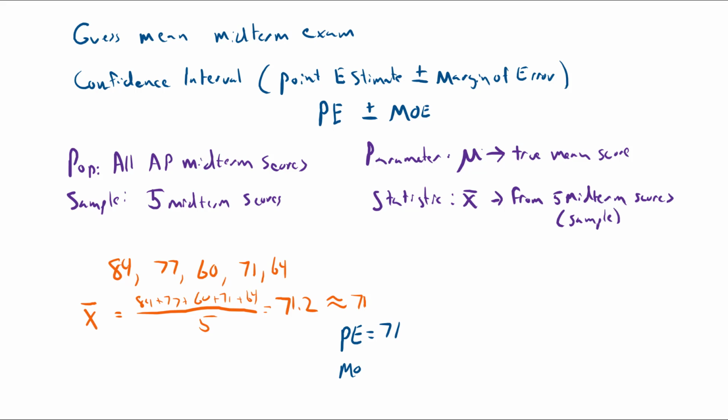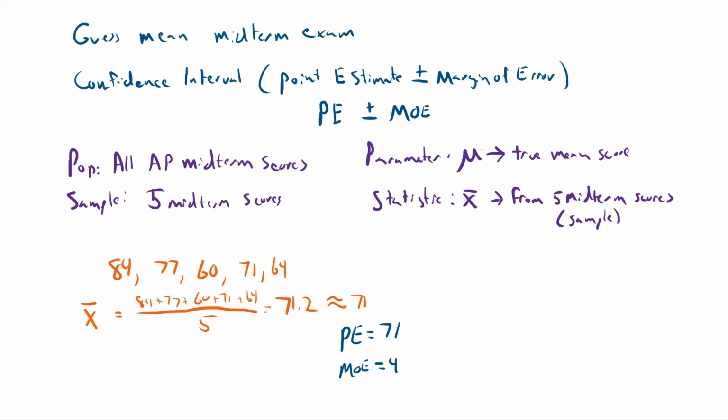Let's say you feel that 71 is the mean value you came up with from your sample, but you want to give it a little leeway. So you want to say the actual mean value overall for the midterm exam falls in a certain range. And let's say it's within 4, plus or minus. So we'll say our margin of error is 4.